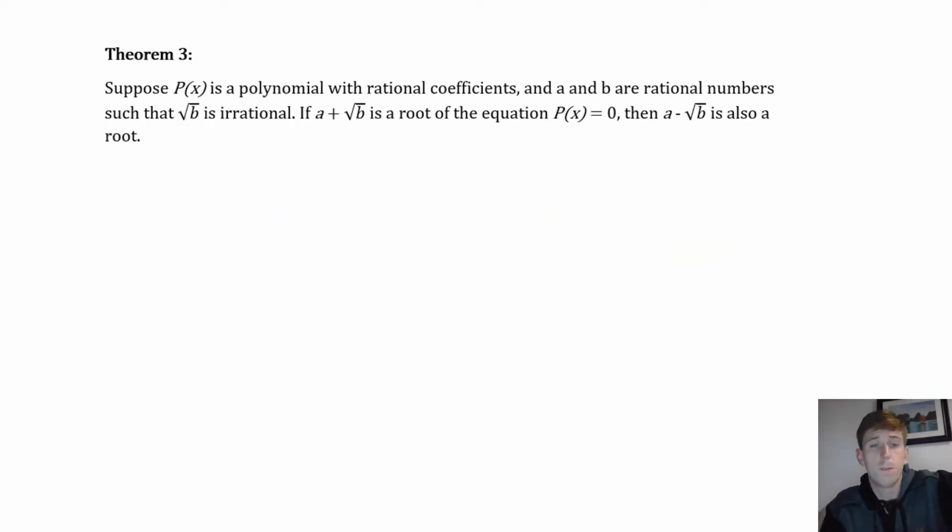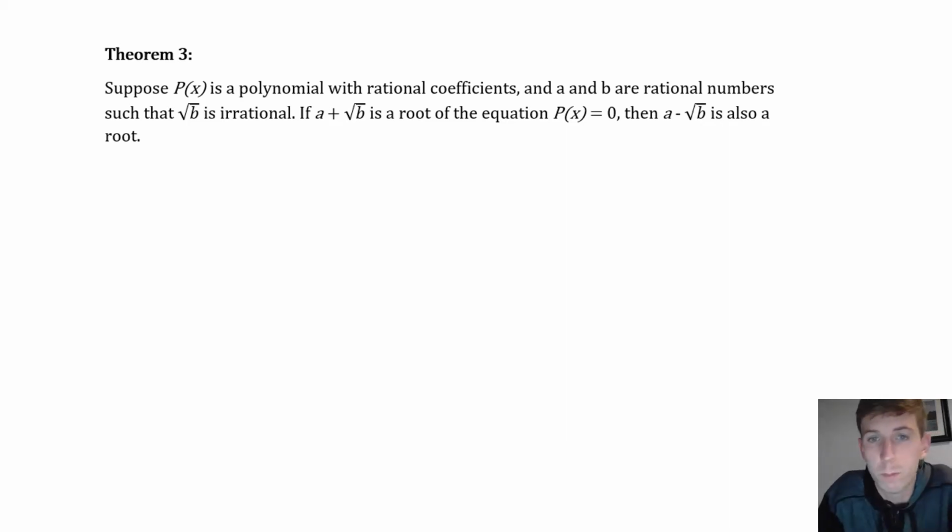This third theorem is very similar to the second theorem, the complex conjugate theorem. It's basically just extending it to radicals. Once again, it's a consequence of the quadratic formula, how it's plus or minus the discriminant. So this third theorem says, suppose p of x is a polynomial with rational coefficients, and a and b are rational numbers, and root b is irrational.